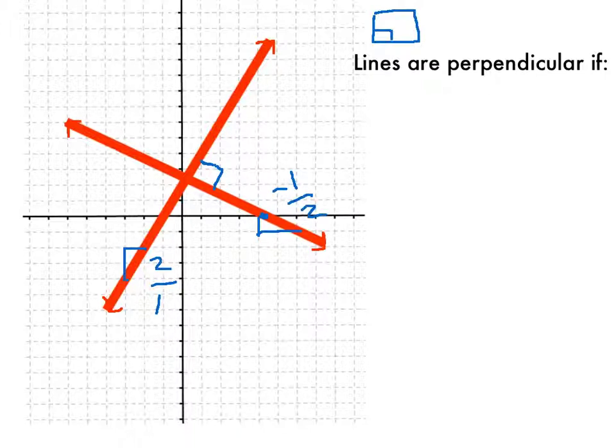Again, these lines aren't perfect, but if they are going to be perpendicular, one of them is going to be positive, one of them is going to be negative, and the relationship between the numbers is that they're not just opposites, but opposite reciprocals. So lines are perpendicular if their slopes are opposite reciprocals.